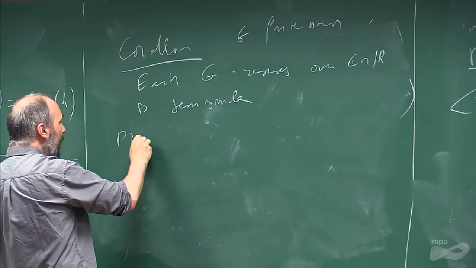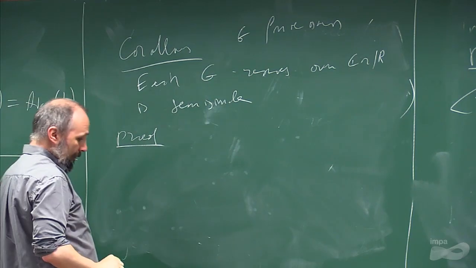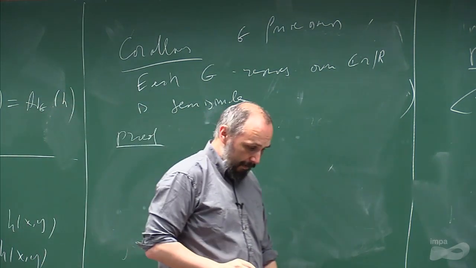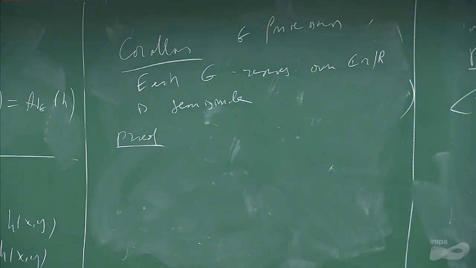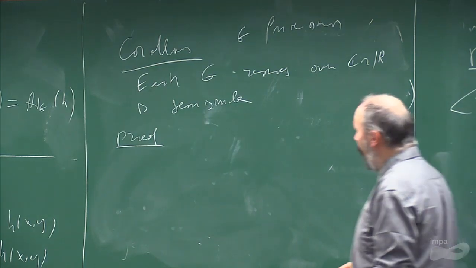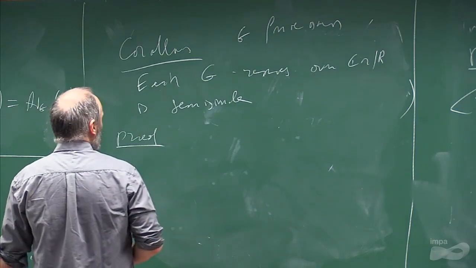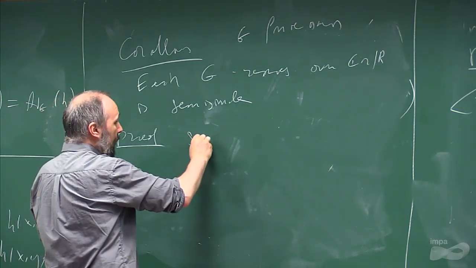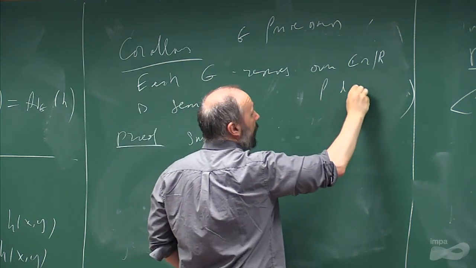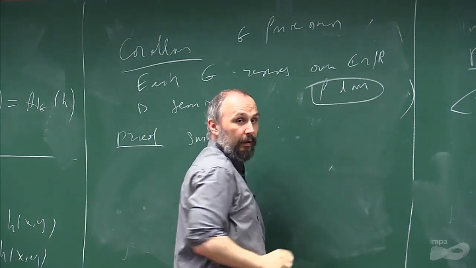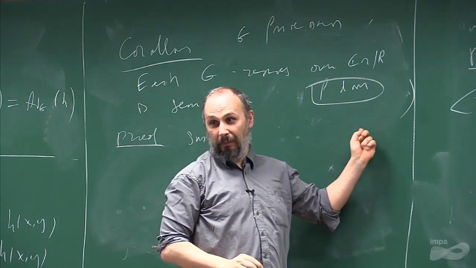As a proof, we want it to be a direct sum of irreducible representations. Let's use induction. Of course, finite dimensional. I didn't write finite dimensional. It's assumed.